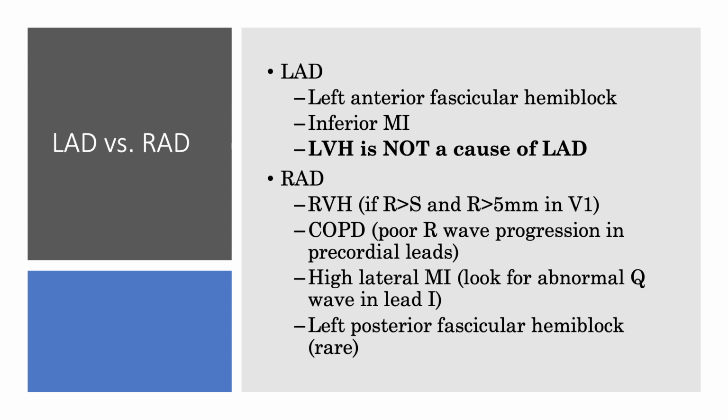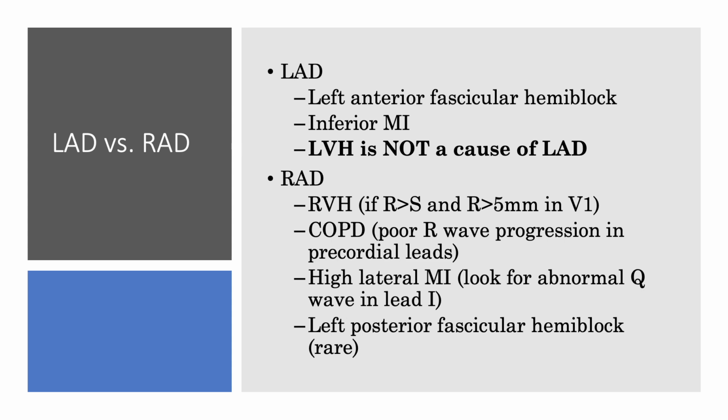For right axis deviation, there's a large number of things that could potentially cause it. So if we think about axis being the average direction of the electrical activity during ventricular depolarization, the amount of electrical activity in any given direction is going to be dependent on the amount of myocardium present.